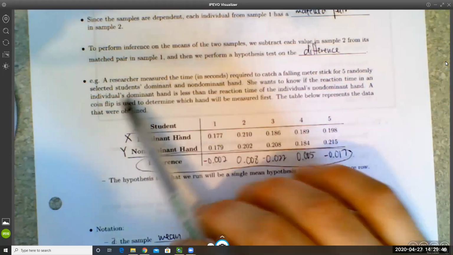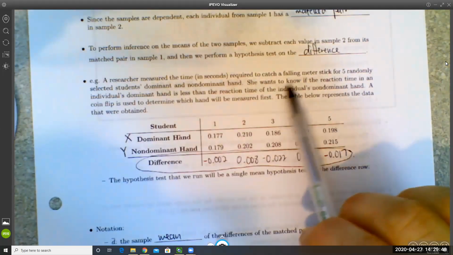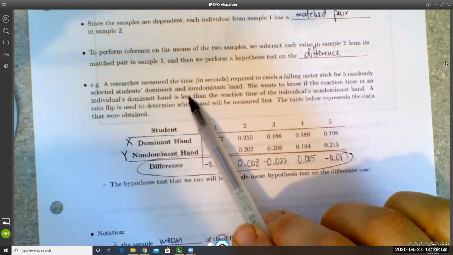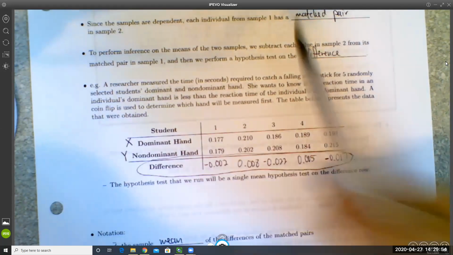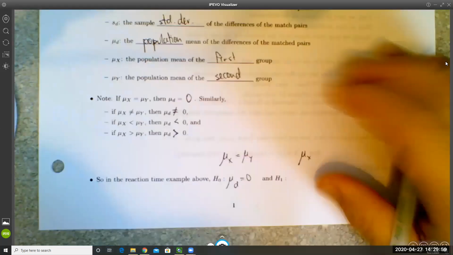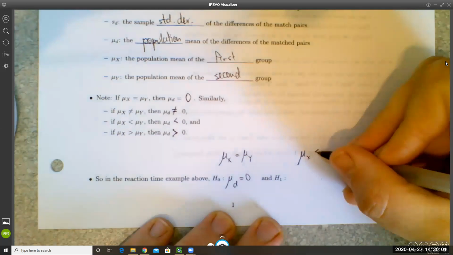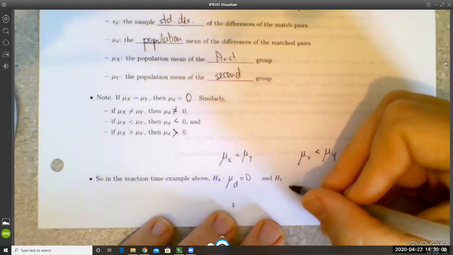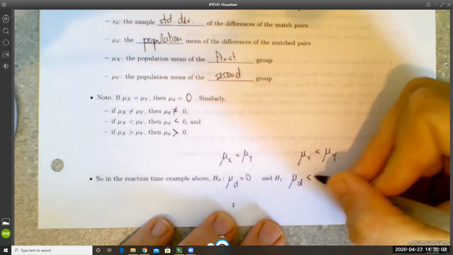But then it says the researcher wants to know if the reaction time in the dominant hand is less than the reaction time in the non-dominant hand. So she wants to know if mu sub X is less than mu sub Y. That would mean that mu sub D would be less than 0.